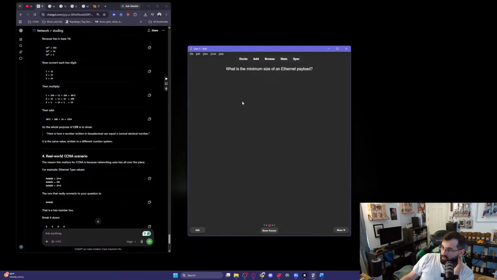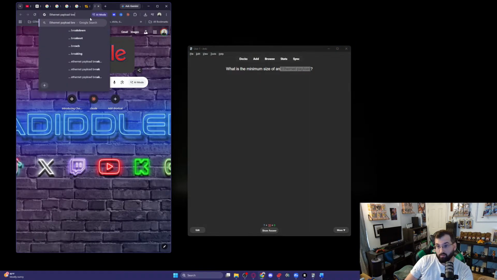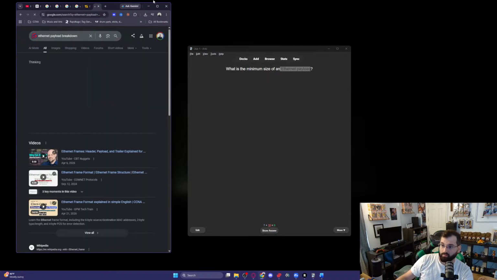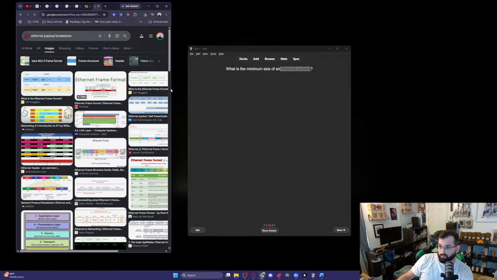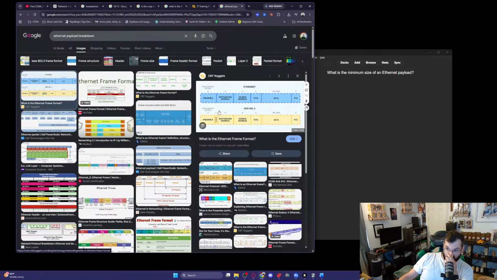Yes. What is the minimum size of an Ethernet payload? I really need to look at that image again that has the whole thing broken down. Let's look at it real quick. Okay, so we have the Ethernet breakdown: preamble, destination address, source address, type, data, and the FCS.